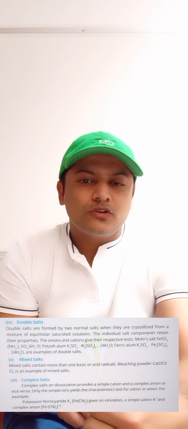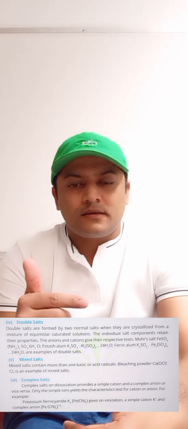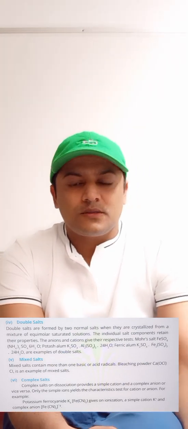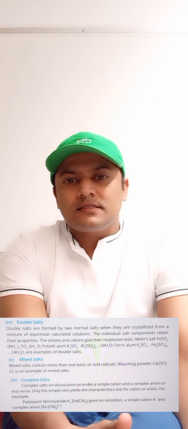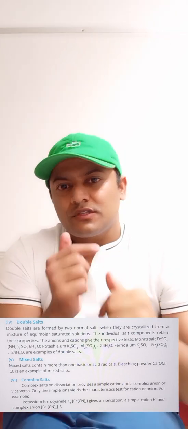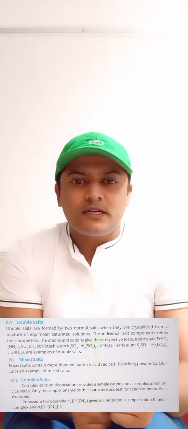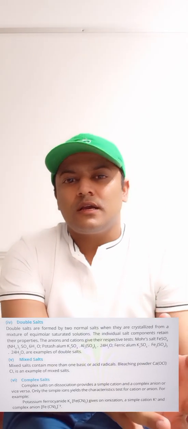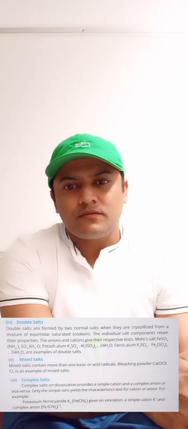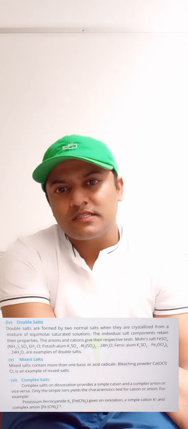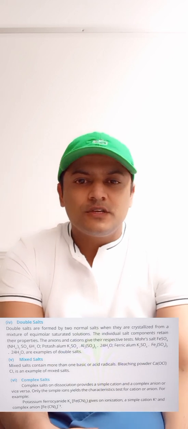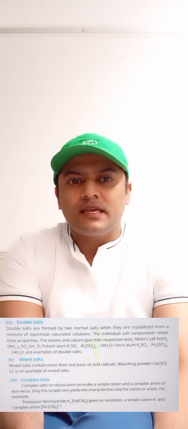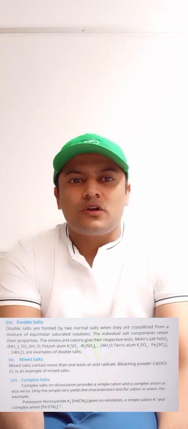Like the anion could be complex and the cation simple. In that case, when we dissociate this kind of salt, it will produce two kinds of products. One will be a complex species and the other will be a simple species. So that's why we are calling it a complex salt.